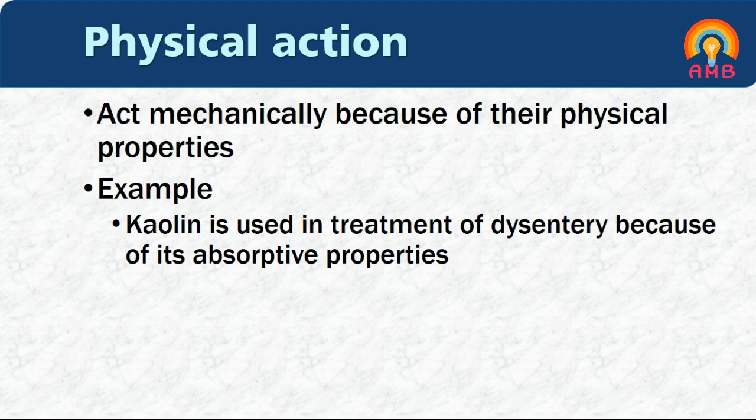As toxins are adsorbed on the kaolin, these toxins are not able to produce effects on the intestinal wall, and because of that dysentery can be reduced. So that is how kaolin produces effect in dysentery. Here kaolin is using its physical property for producing the effect.